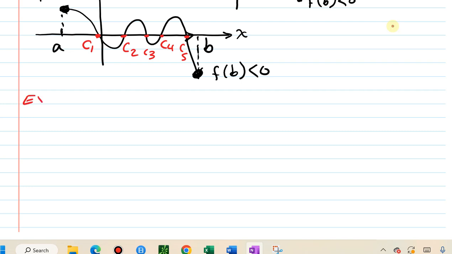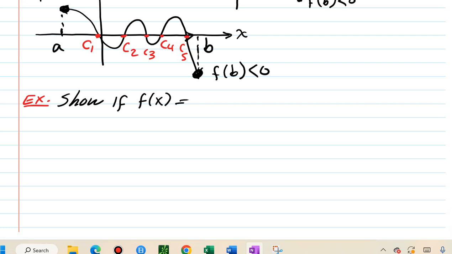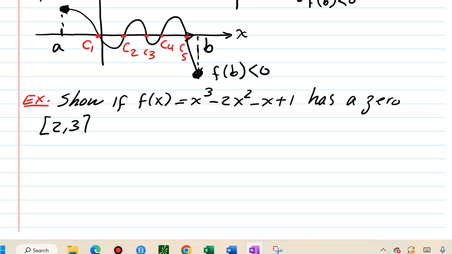Let's show if, because I don't know if it does or not, f of x given by x cubed minus 2x squared minus x plus 1 has a zero between the interval 2 and 3. So this is a, here's b. Okay, the endpoints of the interval.